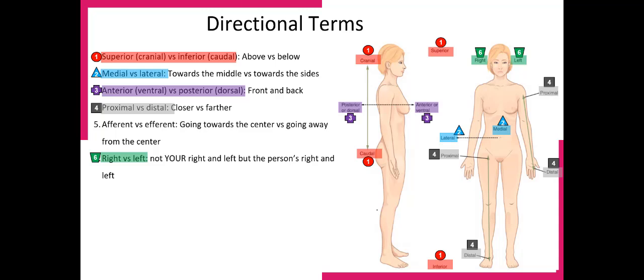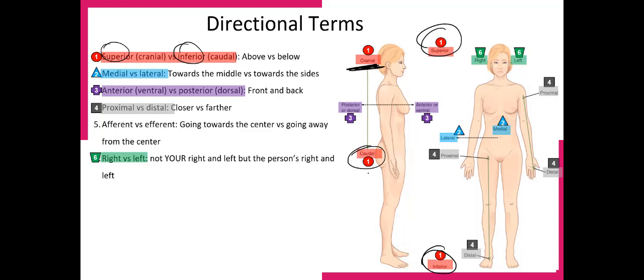Directional terms, again, I'm introducing them to you now because we will be using these directional terms as we continue on in the human anatomy and physiology courses. So the first one is cranial and caudal, or superior versus inferior. So superior is on top, inferior is down below. Cranial is towards the head, right, which is your cranium, and caudal is towards the tail.